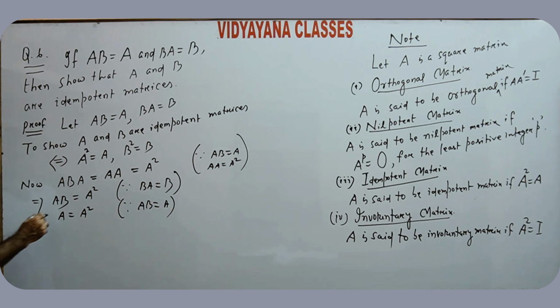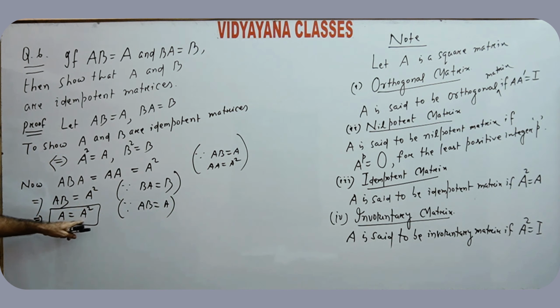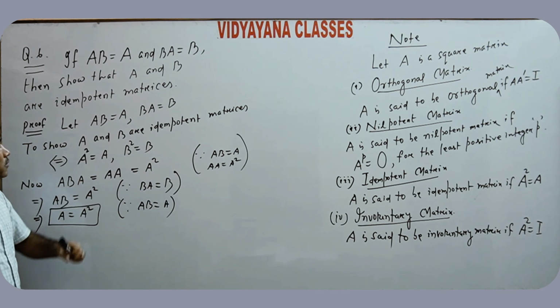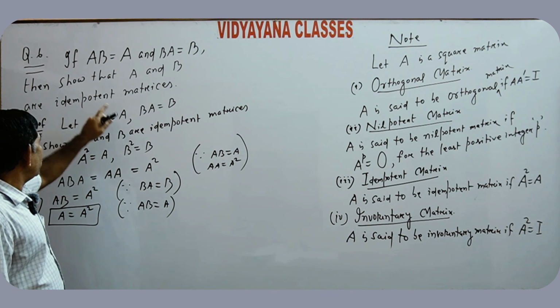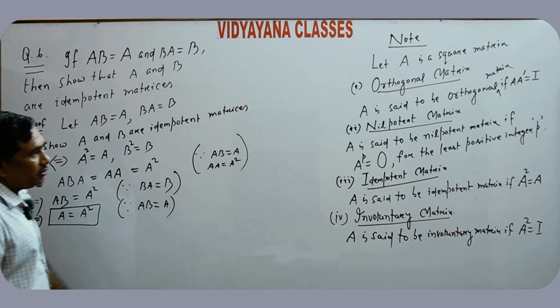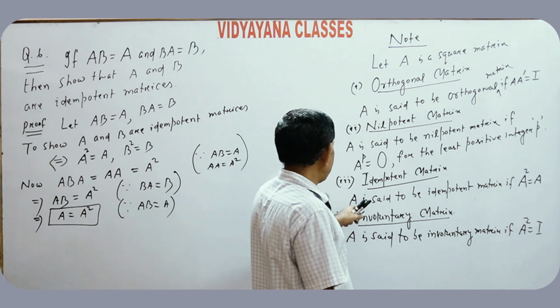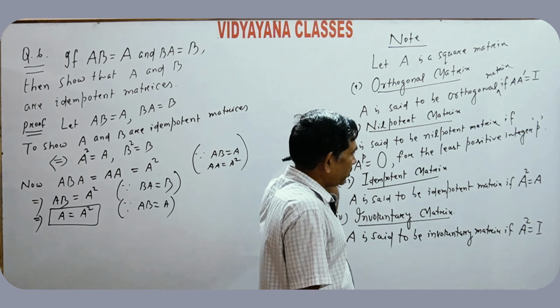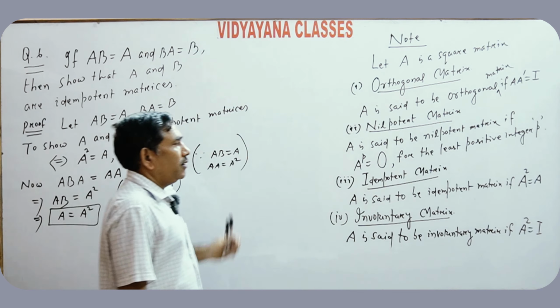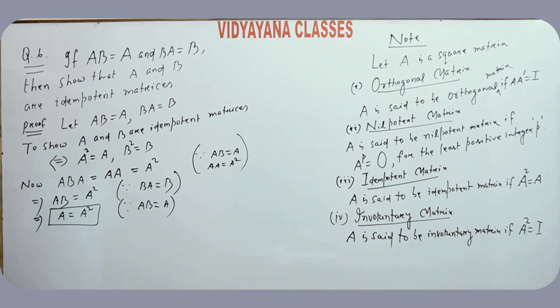Clear? A square is equal to A, so A is an idempotent matrix. According to the definition, the square matrix capital A is said to be idempotent if A square is equal to A.